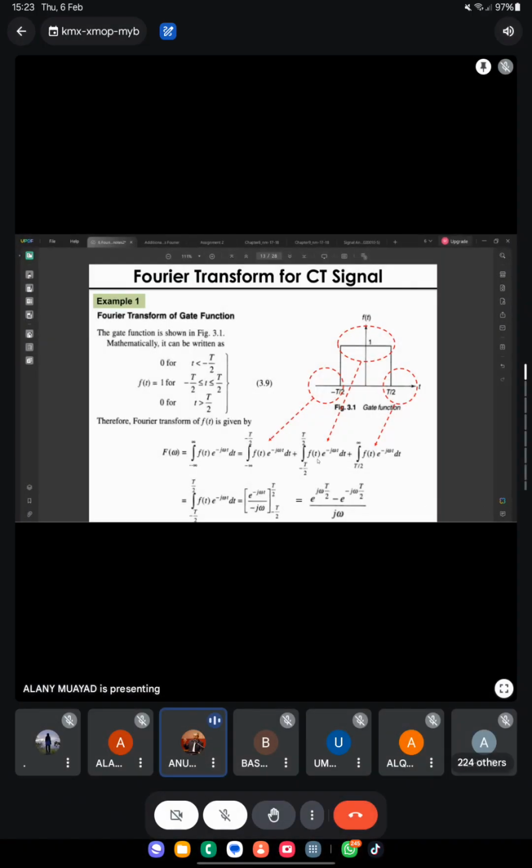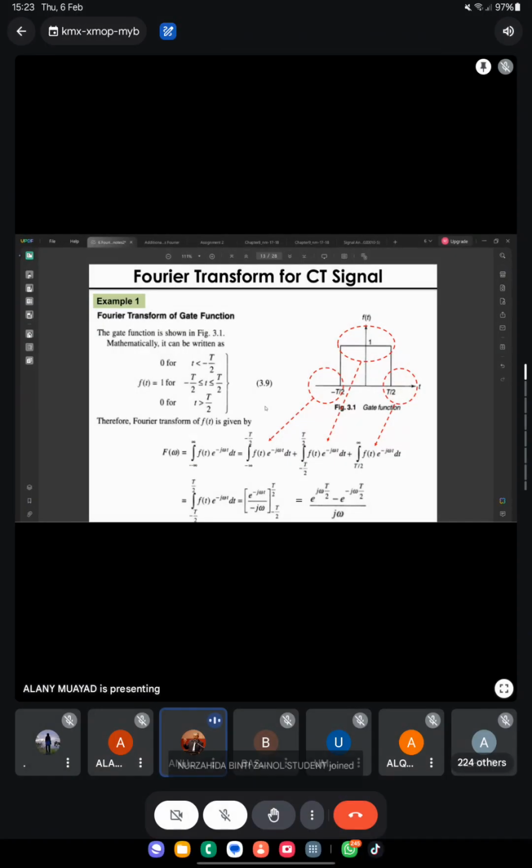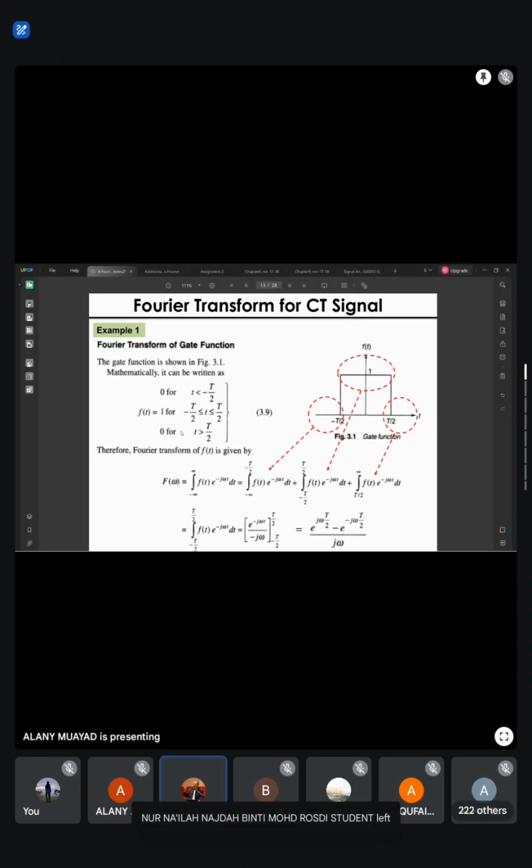So for t less than minus T over 2 it is 0, and from minus T over 2 to T over 2 it is 1. So it's a rectangular signal, or we call it a gate function.